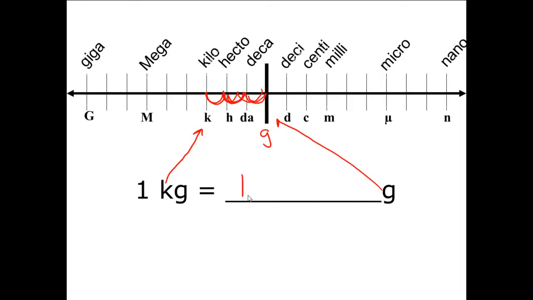So I take my 1, and I go 1, 2, 3. So 1 kilogram is the same thing as 1,000 grams. Okay? Kilo actually means 1,000 times greater than. So where milli meant 1/1000th of something, kilo means 1,000 times greater than.